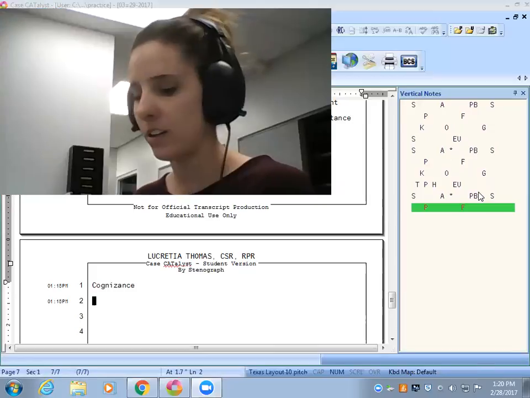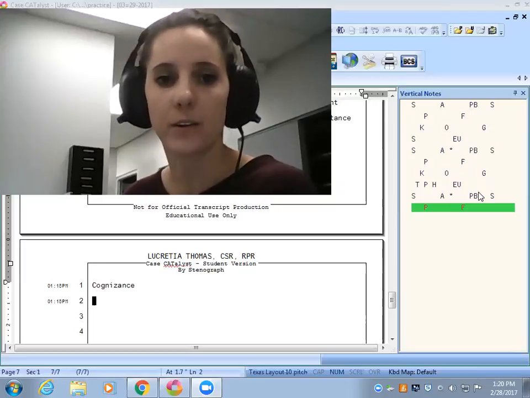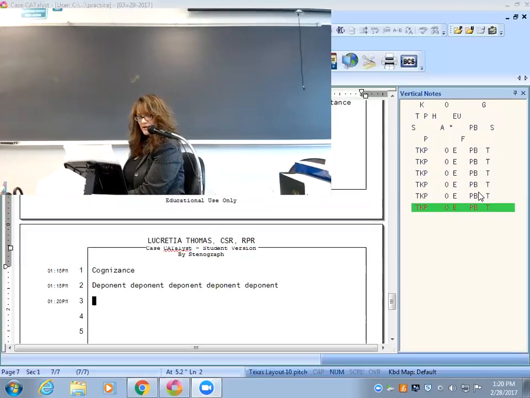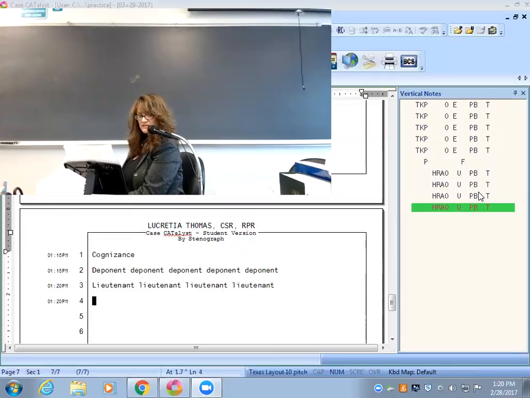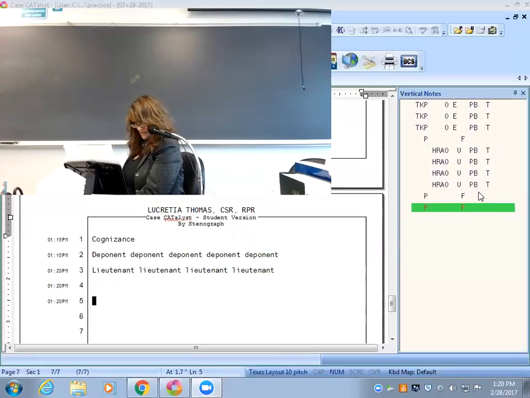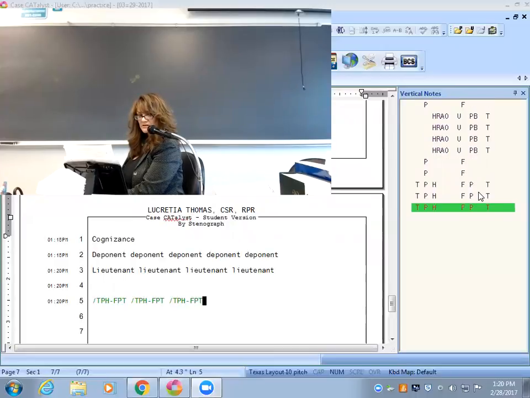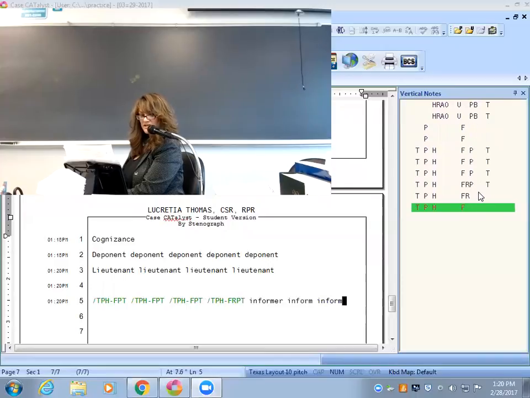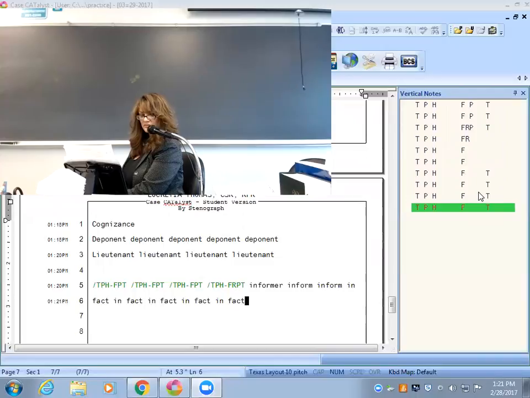Deponent, can you write that in one stroke? Oh, DP, long ONT. Okay, deponent. And so lieutenant is lunt. You want to pick that up? That's a good one. You have, I think, informant, because inform is NF. Let me see, no. I'm thinking NFMT for informant, but I don't think so.